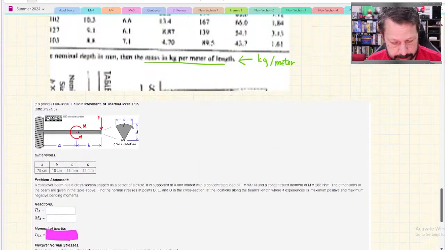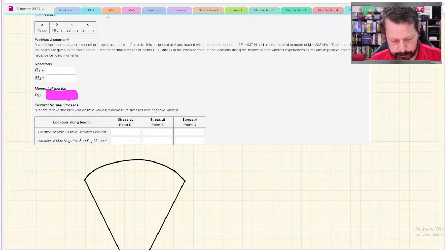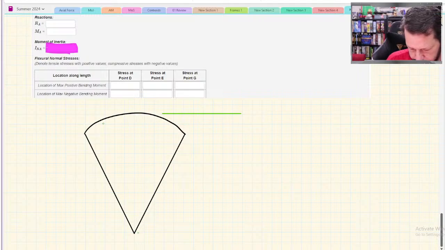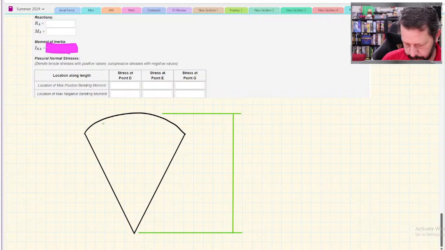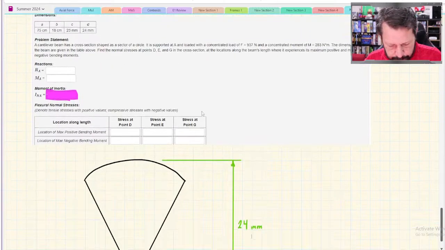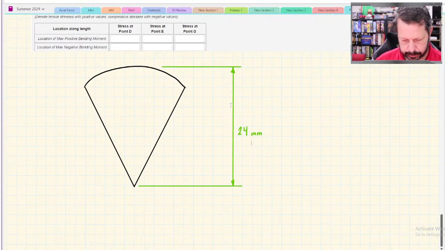D, the entire height, is 24 millimeters. What else do we know? C, kind of the width of this sector, is 23 millimeters. So we'll put that down here, I guess.